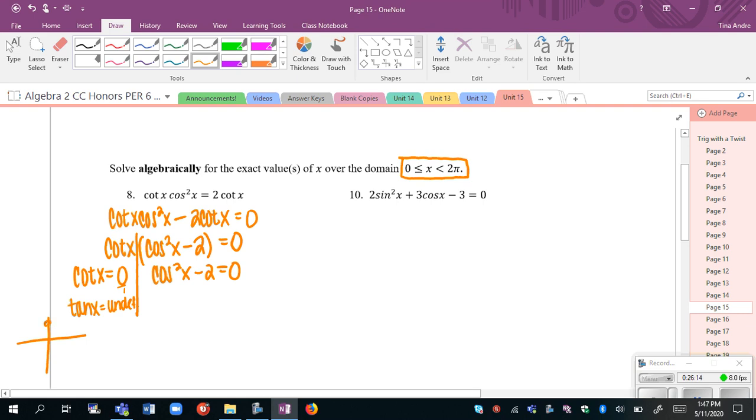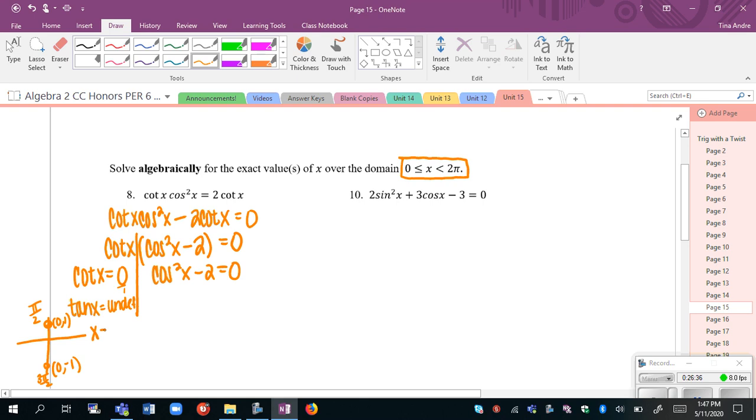That's going to be in two places on our unit circle: at (0, 1) and (0, -1). That's where you would be doing 1 divided by 0 and negative 1 divided by 0. So that's going to be at pi over 2 and 3 pi over 2 if we're in radians.